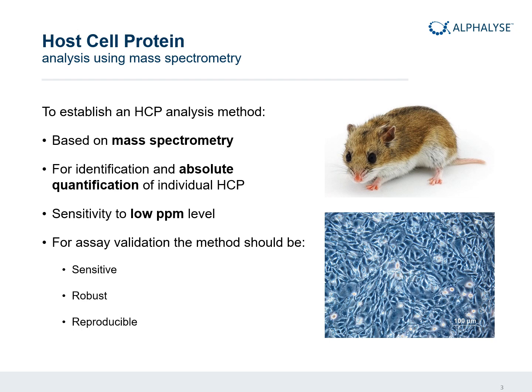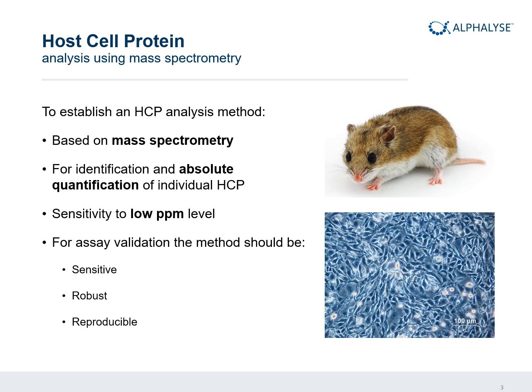For us to be able to have this as a validated kind of method, we wanted to not only have the sensitivity comparable to ELISA, but we also needed the assay to be robust and reproducible. And this means that no matter what instrument we run it on, no matter who is the application chemist doing the analysis, and also over time, we should have the same data.